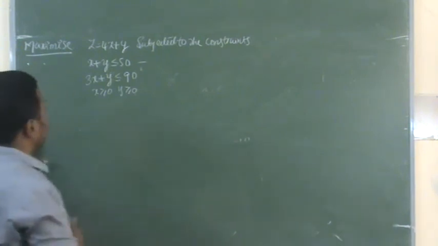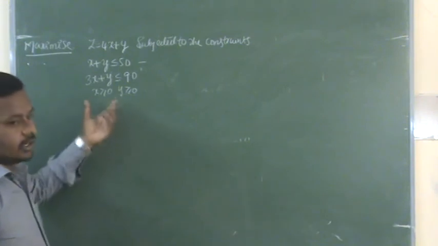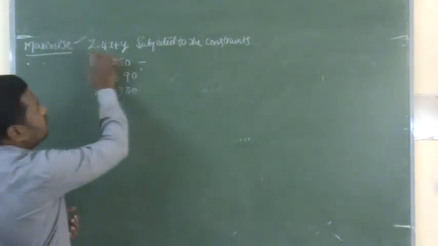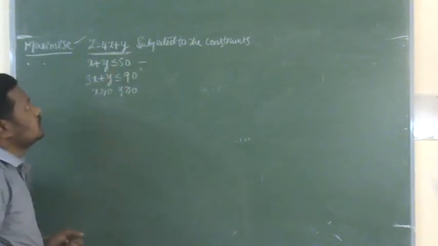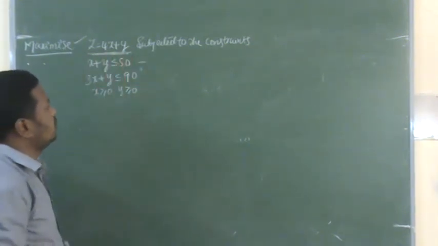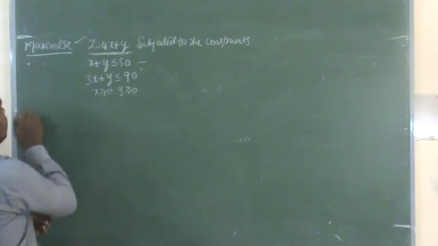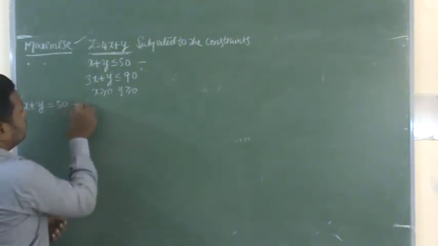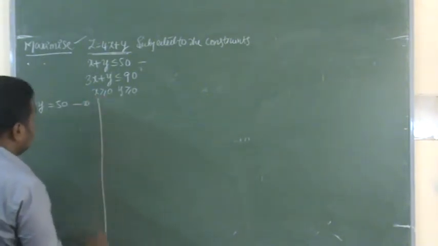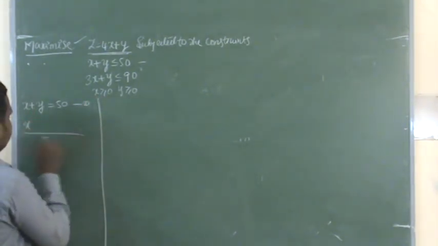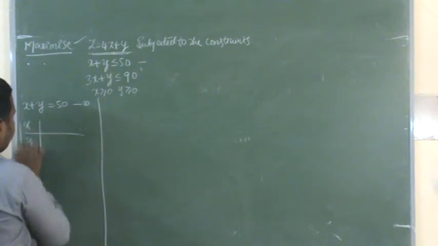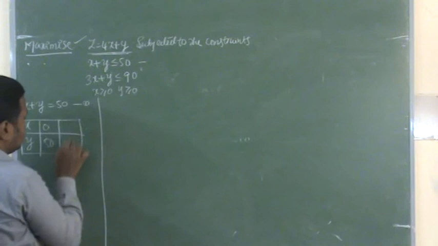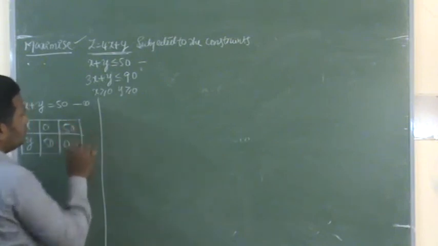By solving this inequality, we have to maximize the objective function z equals 4x plus y. So first, x plus y equals 50. When x equals 0, y is 50, and when y equals 0, x is 50.